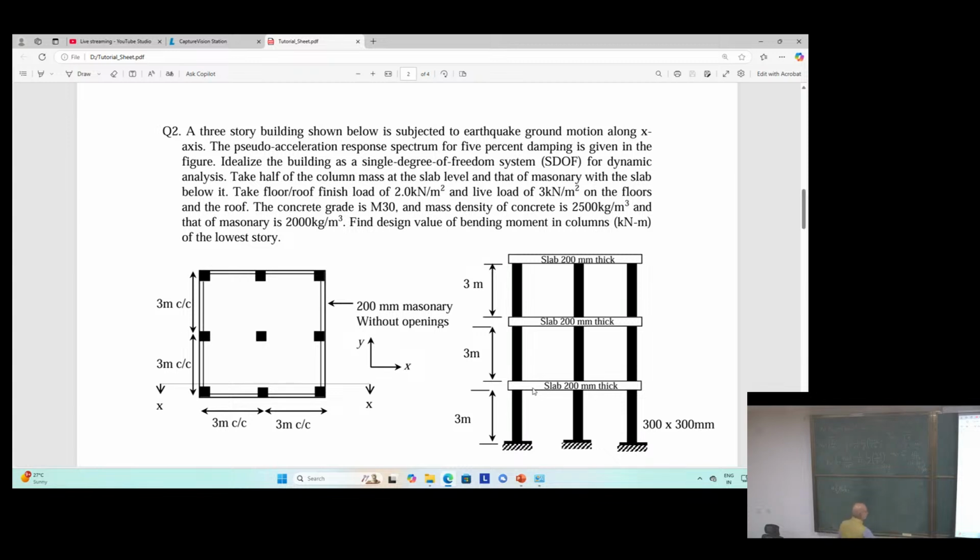So 1, 2, 3, three slabs, right? So each one is the same. So size is 6 by 6, and thickness is 200 mm. Density is given. So how much? Let me know.